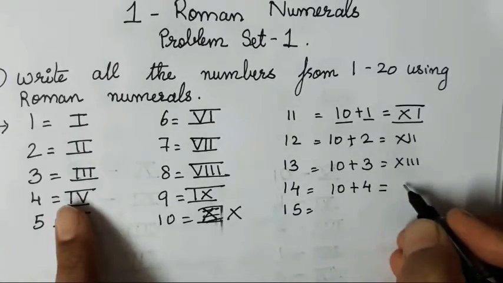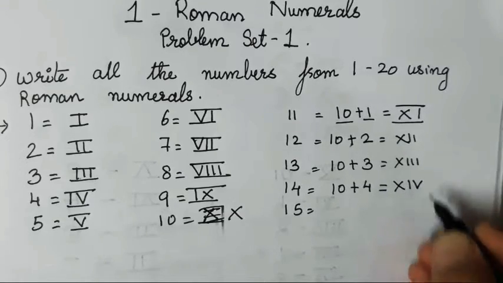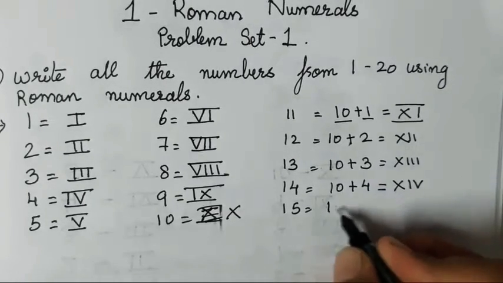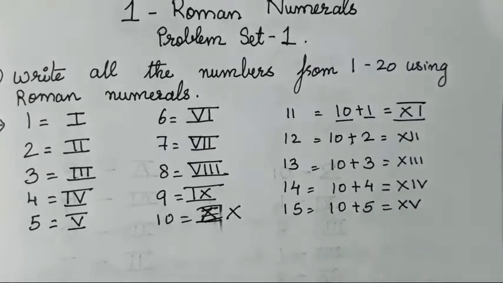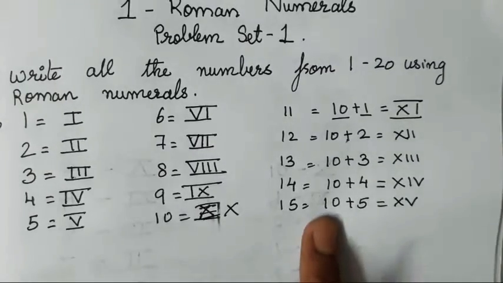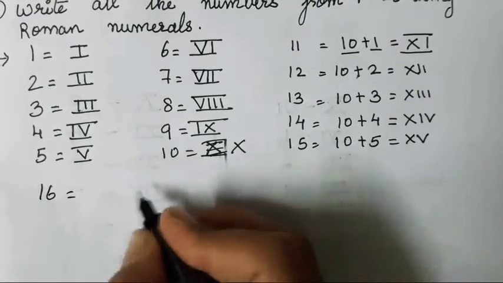Now 4 is in this way, okay, so remember X and over here I and then V. 15 means 10 plus 5. So X and V. Okay, so in the starting you all have to write it in this way and then it becomes very easy for you all to write.